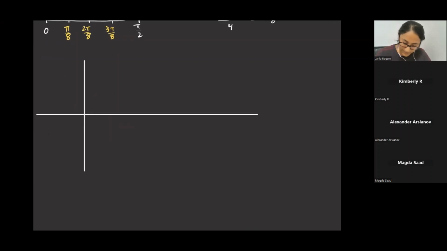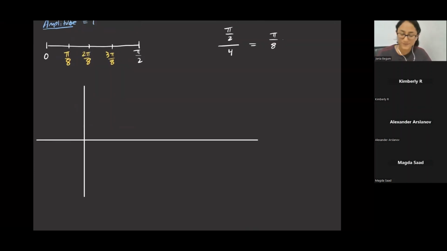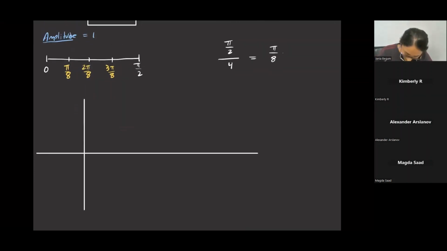Okay, so now you want to see the sketch? So here's 1, here's -1. Remember how cosine behaves, right? It starts at the maximum and then it just loops around. And these points right here, we're going to put them right on the x-axis. So this is pi over 2. This is pi over 8. This is 2 pi over 8, you can simplify that to pi over 4.